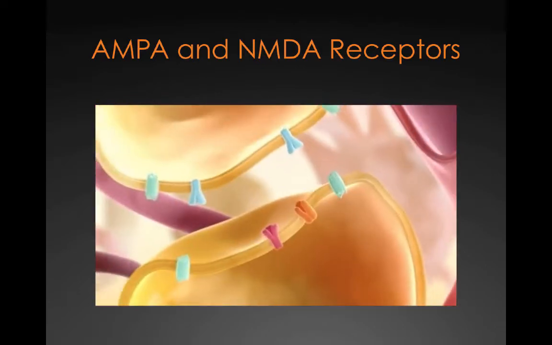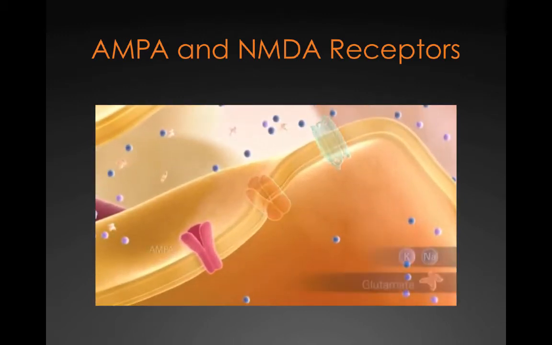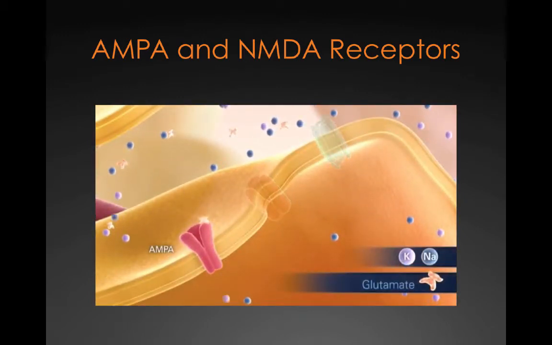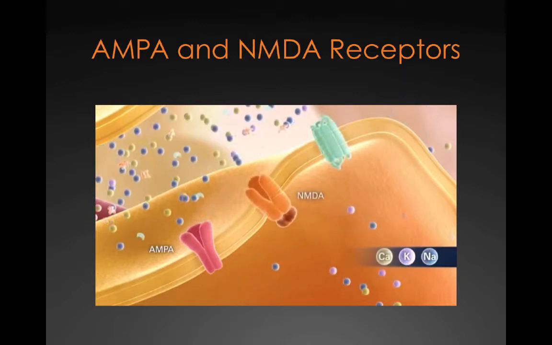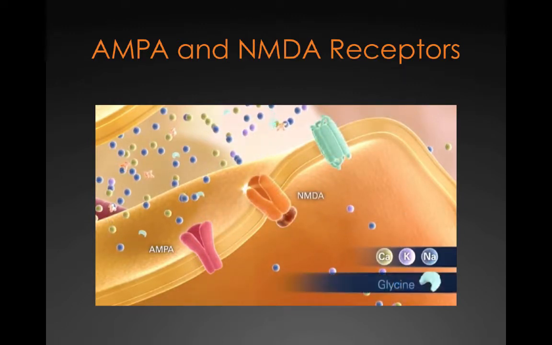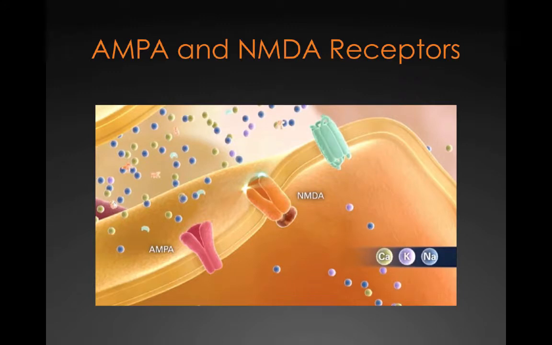AMPA and kainate receptors are relatively simple. They require only glutamate binding to open the ion channel, which leads to membrane depolarization and fast excitatory neurotransmission. Activating NMDA receptors is more complex. Both glutamate and glycine, each of which bind to different sites, are required. Moreover, in resting NMDA receptors, the ion channel is blocked by magnesium.